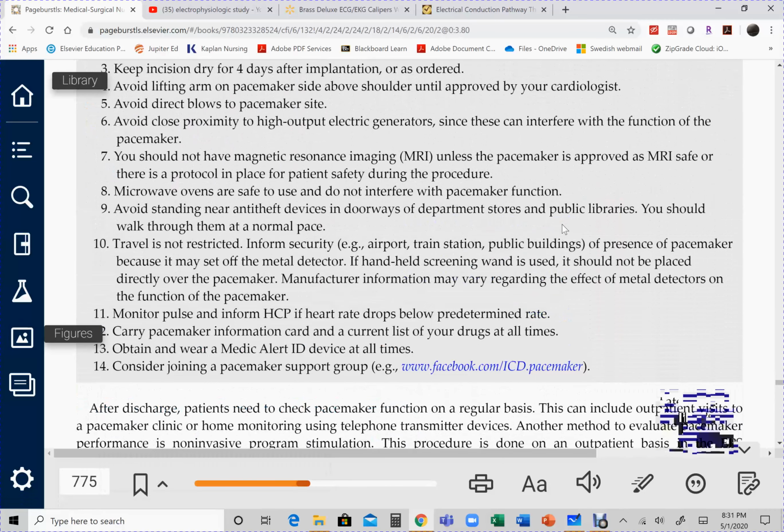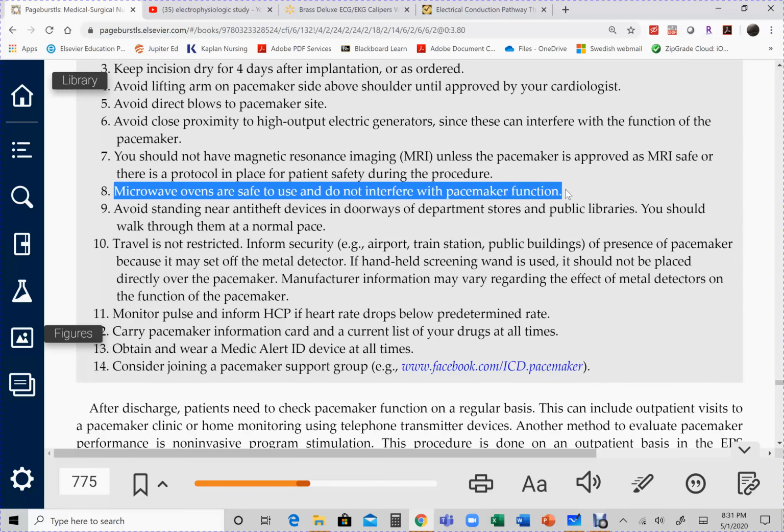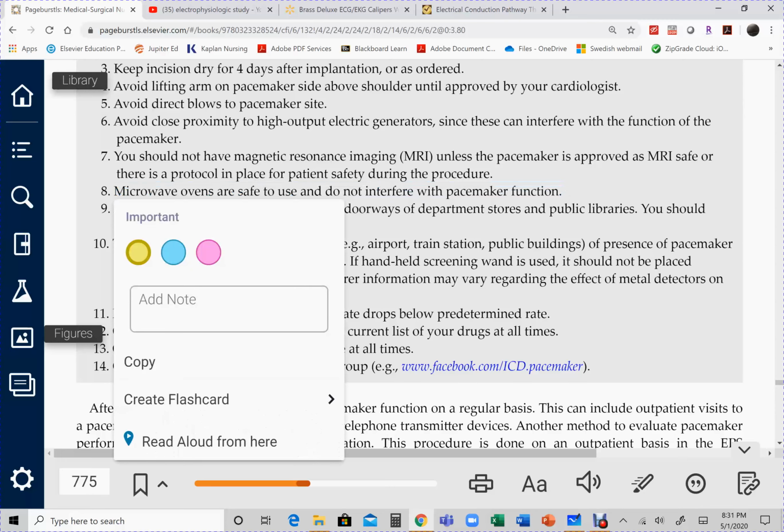Contrary to what most people believe, wherein you can't be near microwave ovens, right? That's not entirely true. That's old, meaning the old pacemaker. No, it's not the pacemaker really, it's the microwaves. So the old microwaves were harmful to pacemakers before, but modern microwave ovens now don't interfere with pacemaker function anymore.